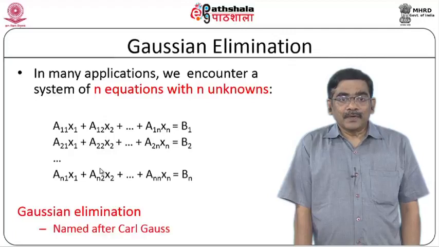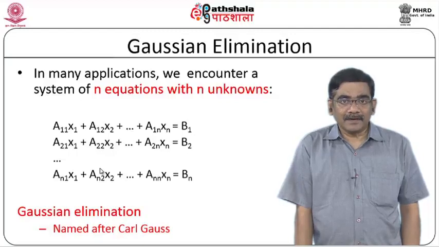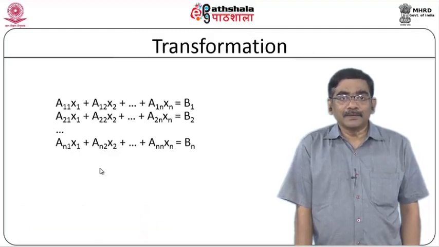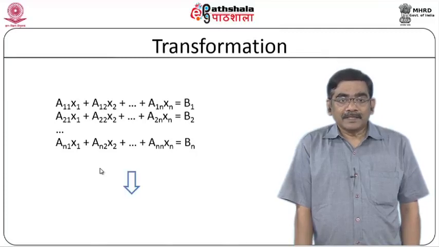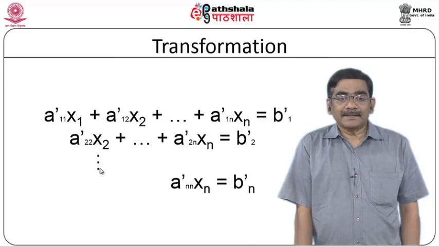So, what is this method going to be? The method that is named after Karl Gauss is going to do something like this. It takes the n linear equations and attempts to eliminate A21, A31 up to An1. The transformation is going to be something like this.